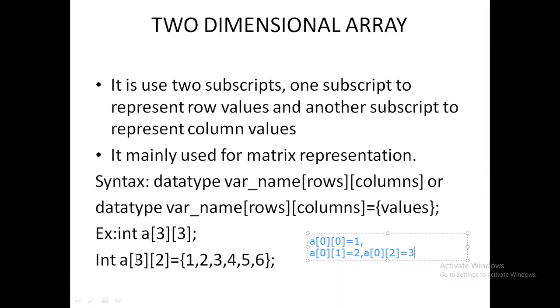So here, consider the number of rows and the number of columns. The number of rows is 0, 1, 2, and the number of columns is 0 and 1.